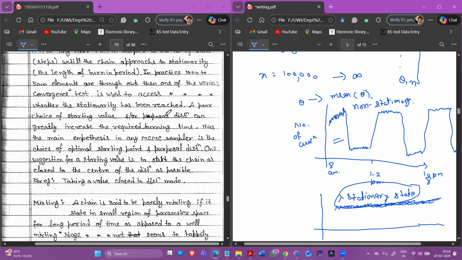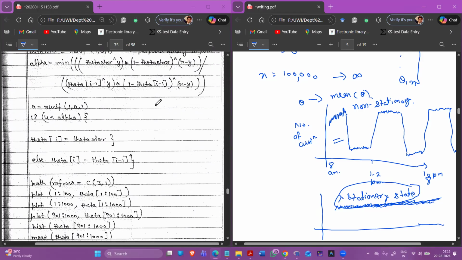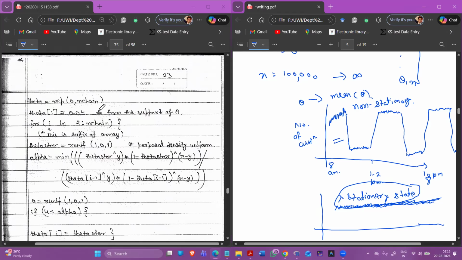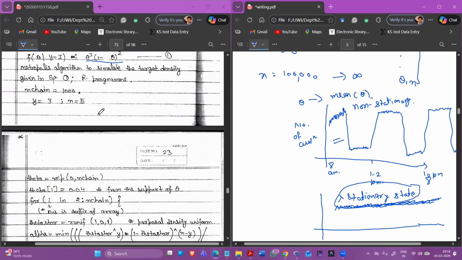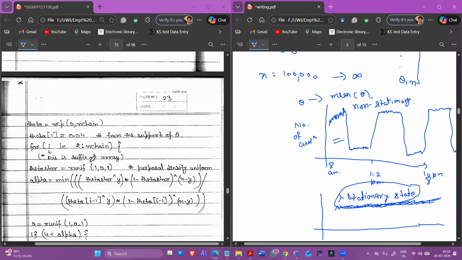In the previous example that I just discussed, I assumed my theta star from the uniform instead of the normal. Earlier I was assuming normal for the generalized Lindley, but here I assumed uniform. Because I assumed uniform, it was easier to reach the stationary state.